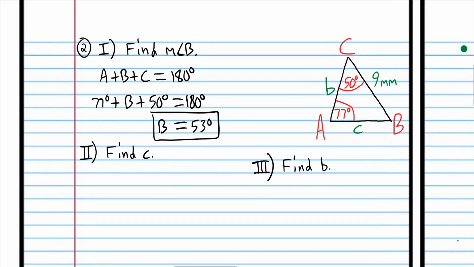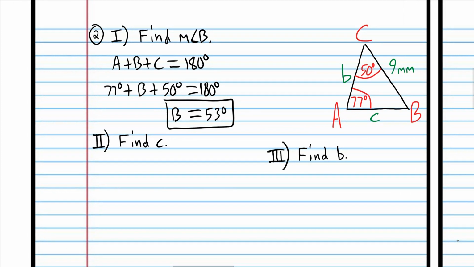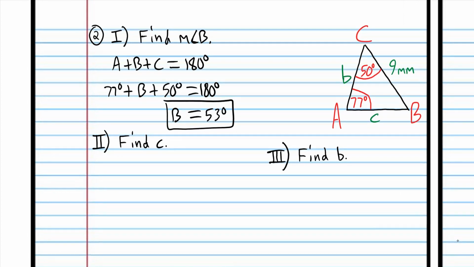So now we're going to find the length of side c, and to do that we're going to use the law of sines. But again, which ratios do we use? Because there's three ratios, but we're not going to use all three of them at the same time.